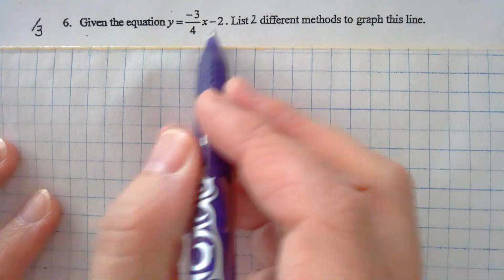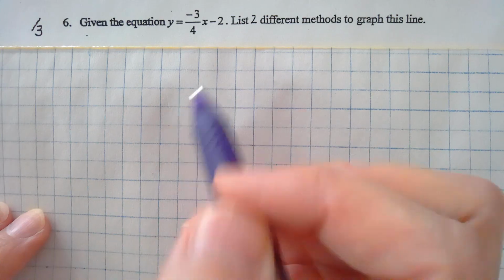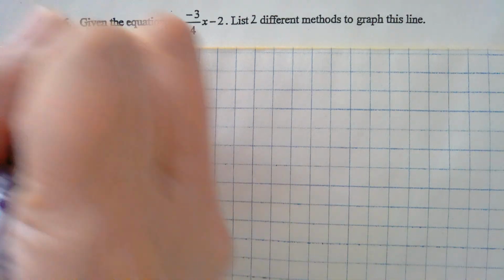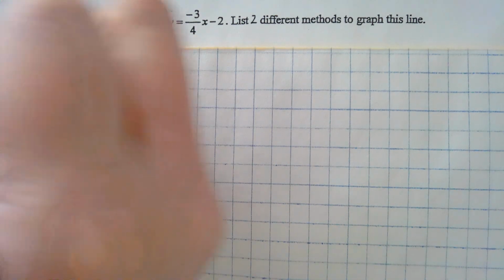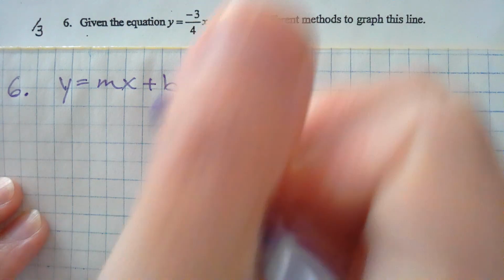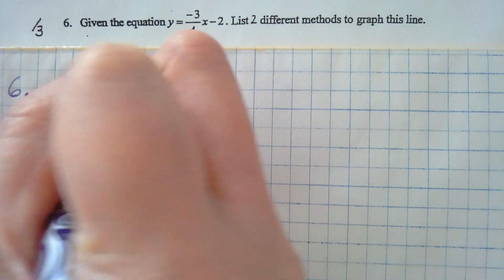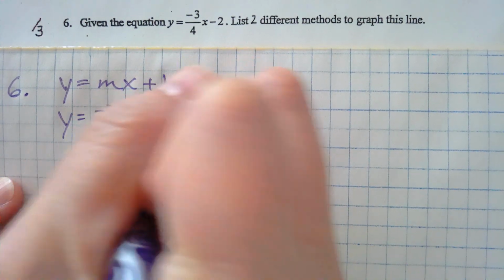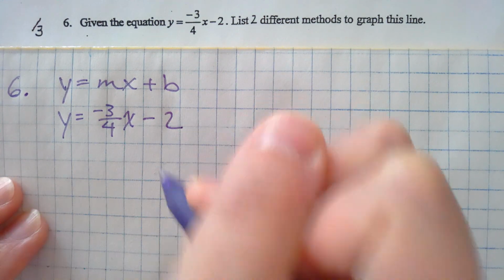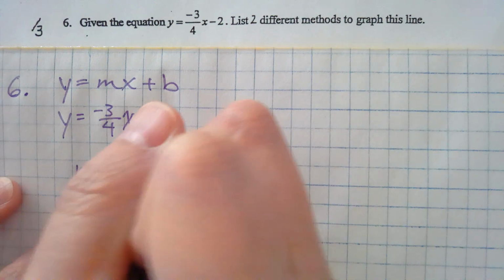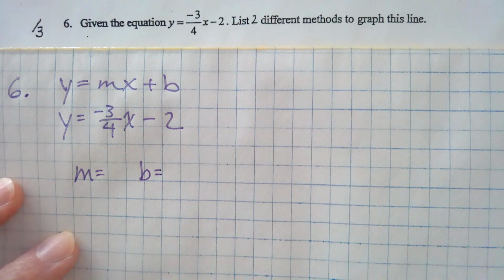Okay, so what format is this? Leandro. Perfect. Okay, so y equals mx plus b format. So for y equals negative 3 over 4x minus 2, what is my m and what is my b? If you just match it.